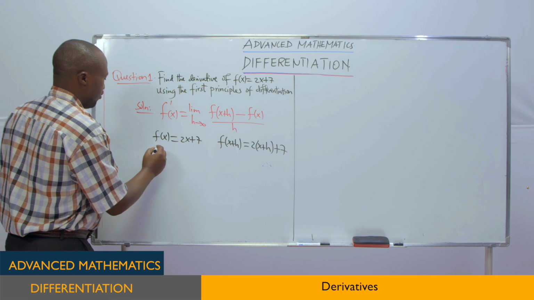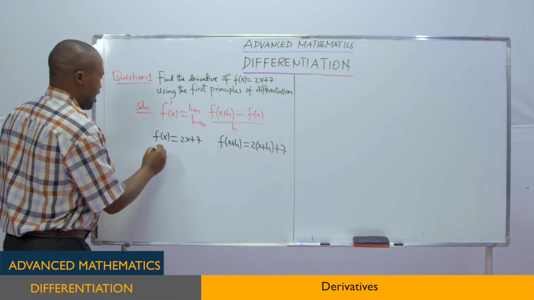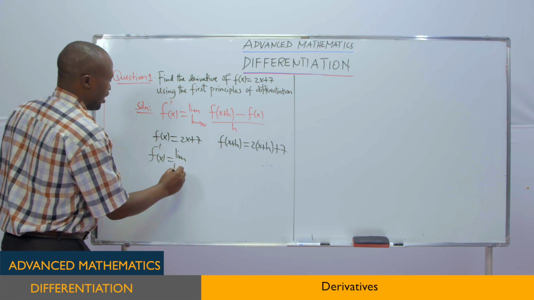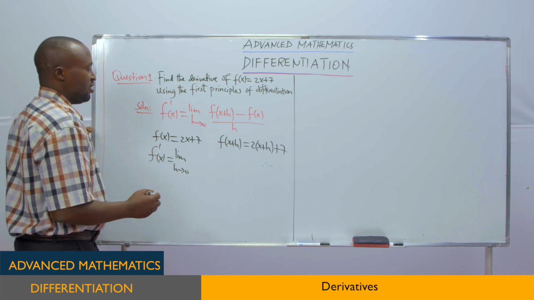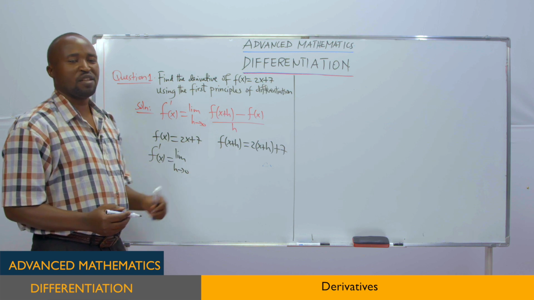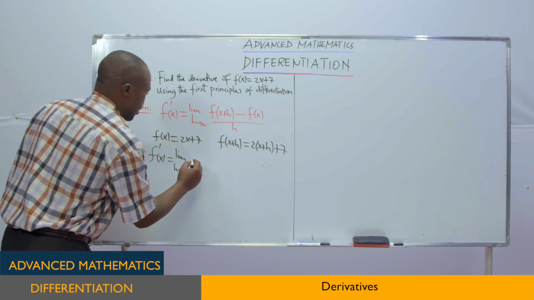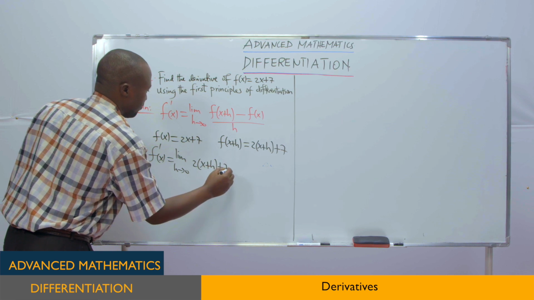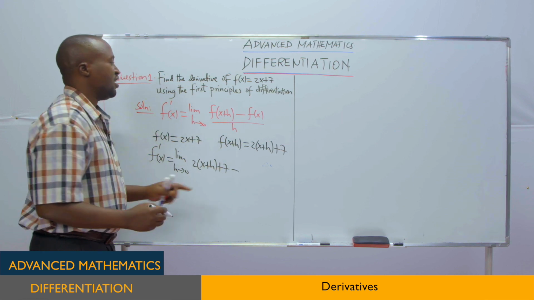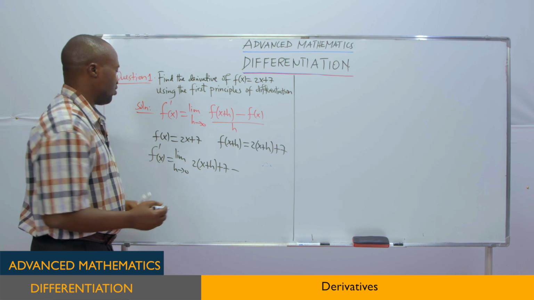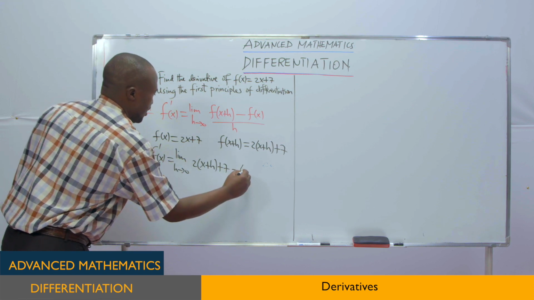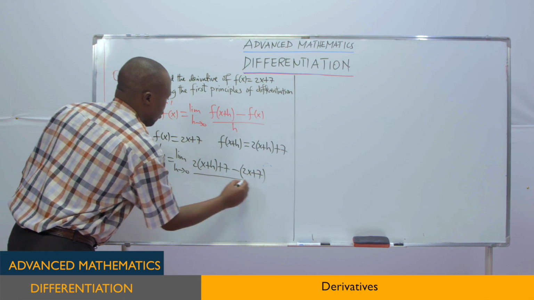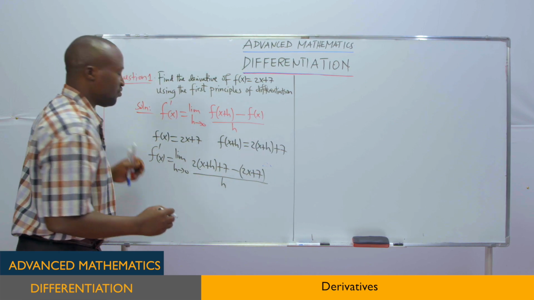We have f dash of x is equal to the limit as h approaches 0. For f of x plus h, this is the same as 2(x plus h) plus 7, then minus f of x. f of x is our function, that is 2x plus 7. So this is over h.